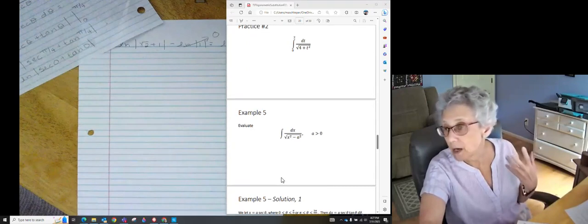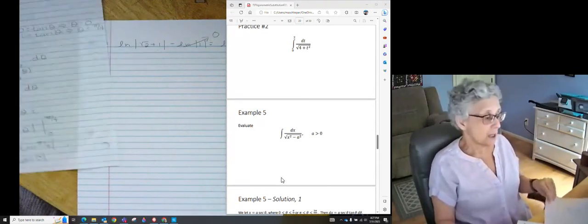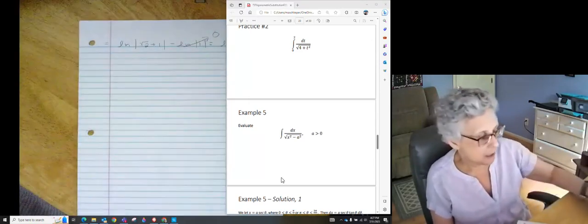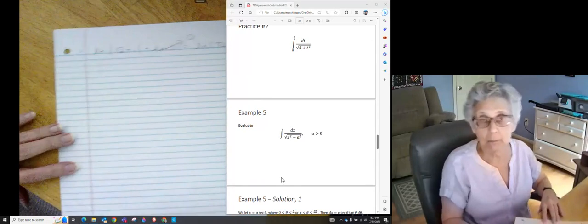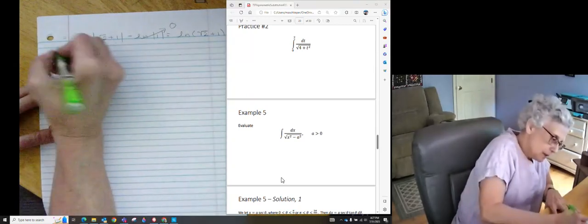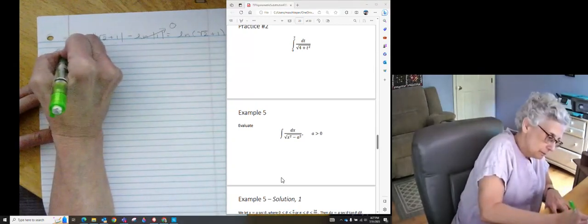Okay, example 5 is a little different, and I also made it generic. It has an a in it instead of a real live number. So let's see what happens when we do example 5.